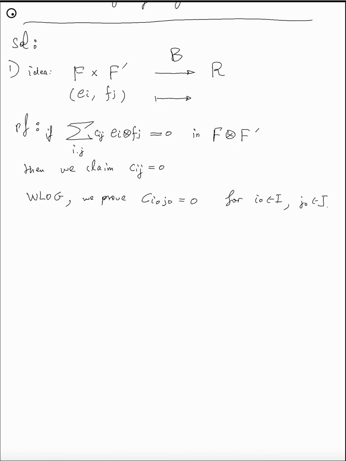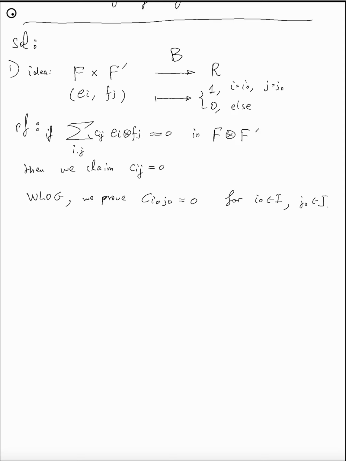So I'm going to define it to be 1 if i equals i0 and j equals j0, and for all other possibilities 0. So basically I'm just emphasizing this e_i0 f_j0, right?